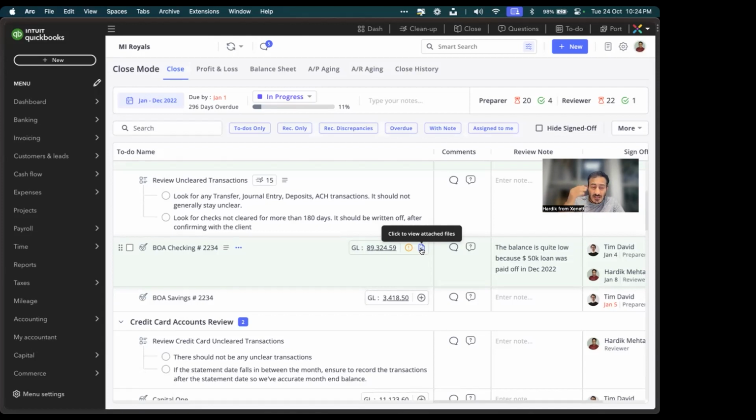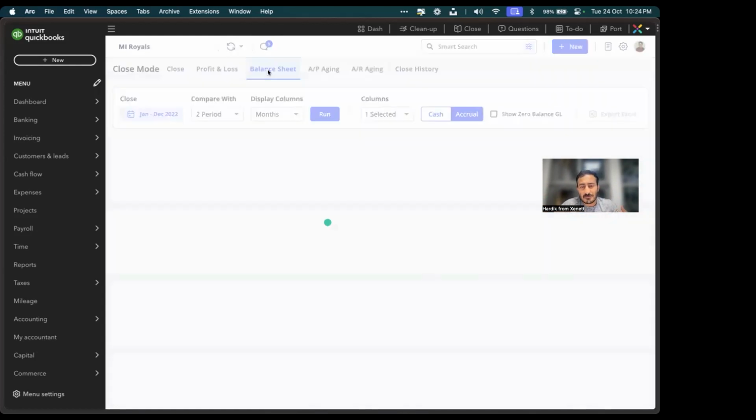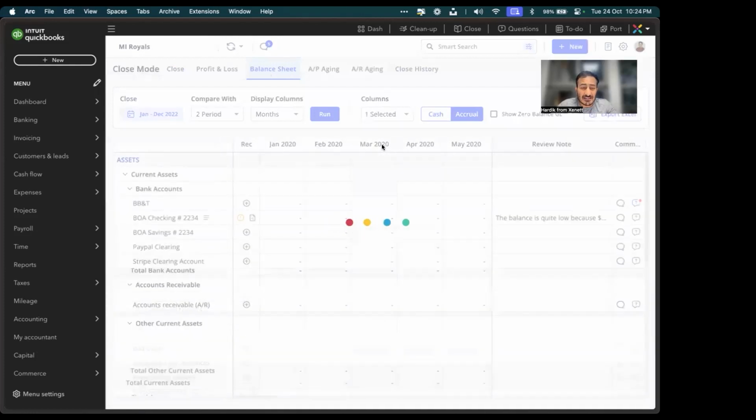And this has been tremendously helping, because all of the information that we are compiling here, we are eventually sharing with someone who is filing taxes for us. So we are also making their life easier, because we are avoiding any possible questions from them. Let's say my tax preparer is looking at the balance sheet.